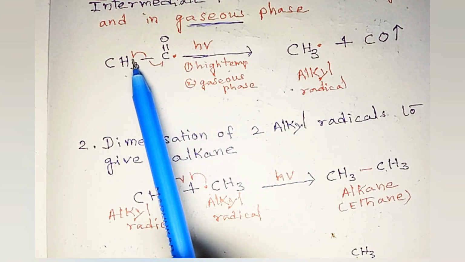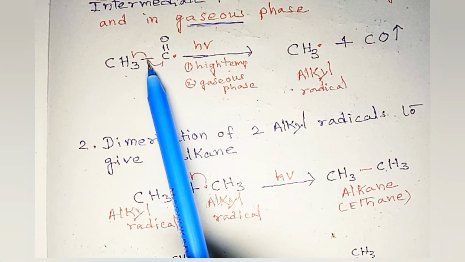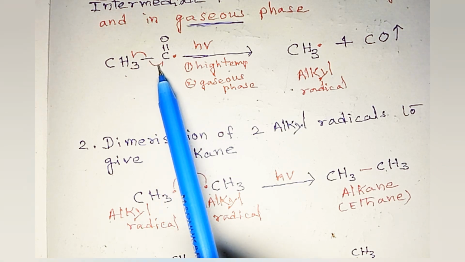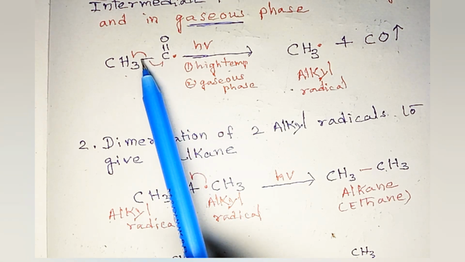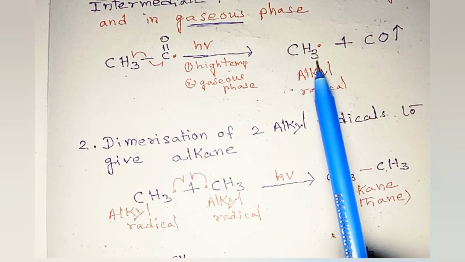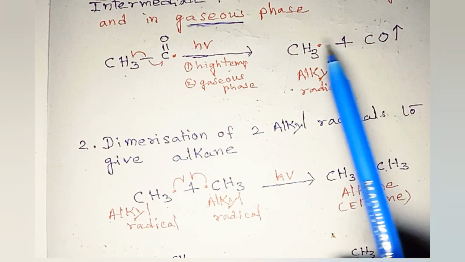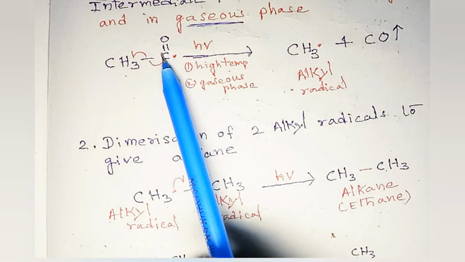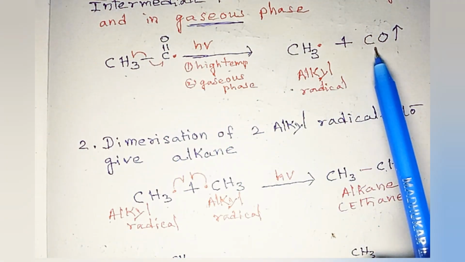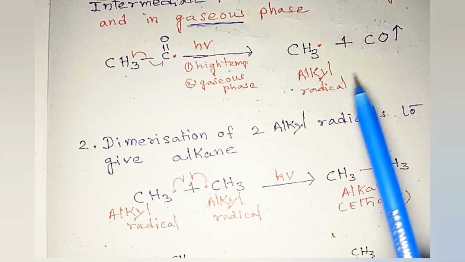The bond between CH3 and C double bond O undergoes homolytic cleavage to form two radicals. One is the CH3 radical, that is an alkyl radical, and the other will combine to form CO gas.